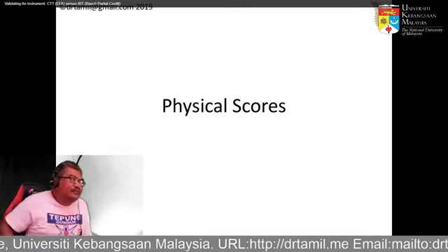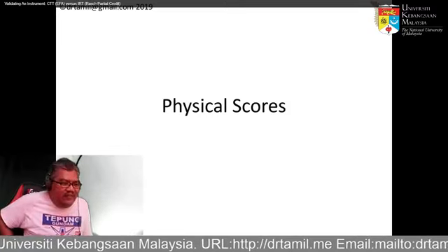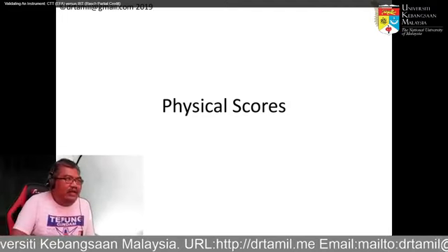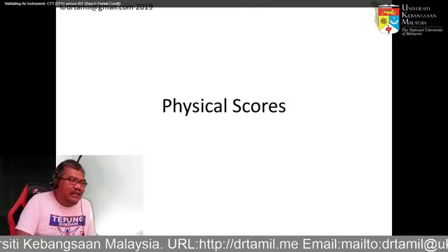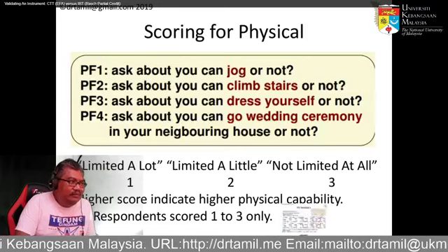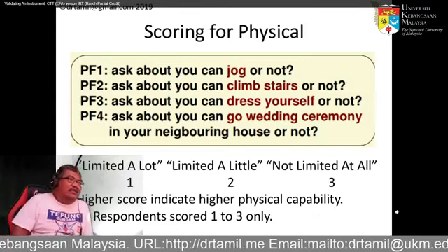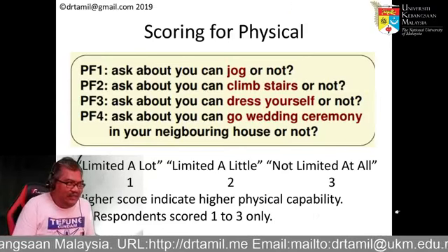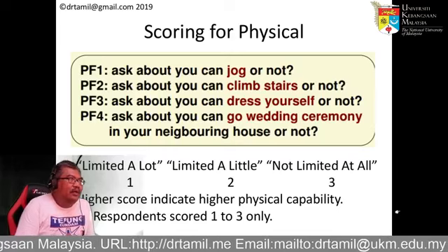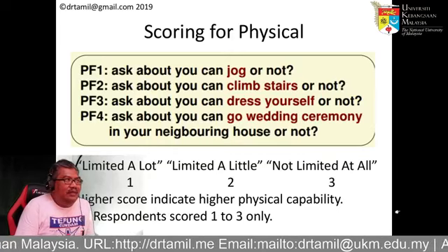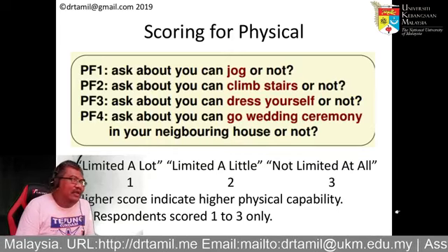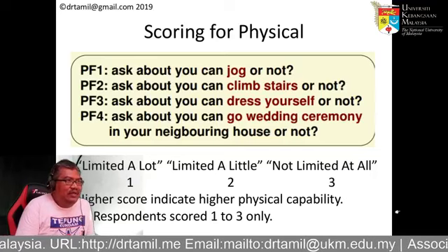All right. So let's look at the physical score. As mentioned earlier, there are 10 questions. So here are some example about scoring for physical. The example, they ask you, can you jog or not? Can you climb stairs or not? Can you dress yourself or not?